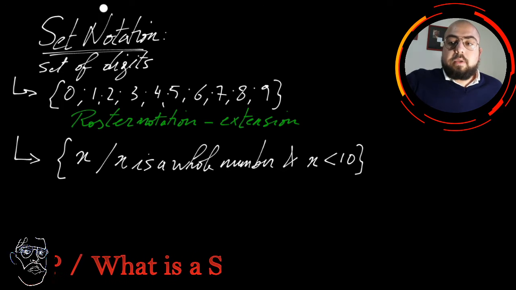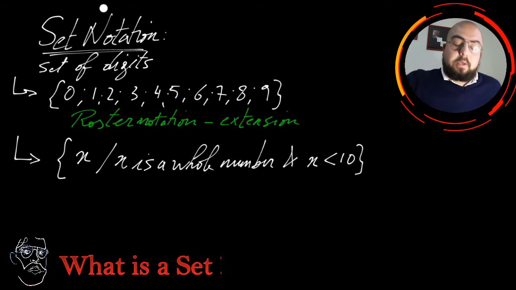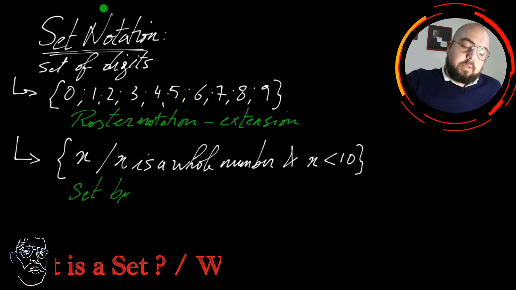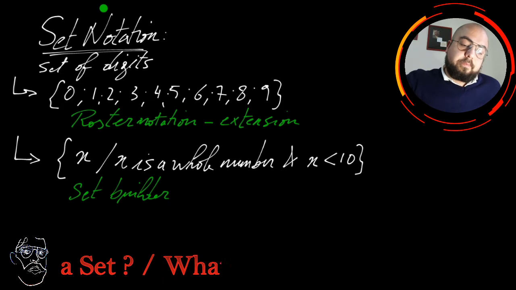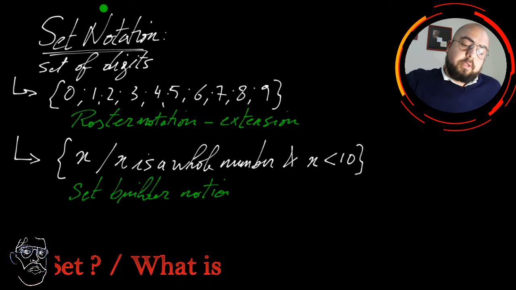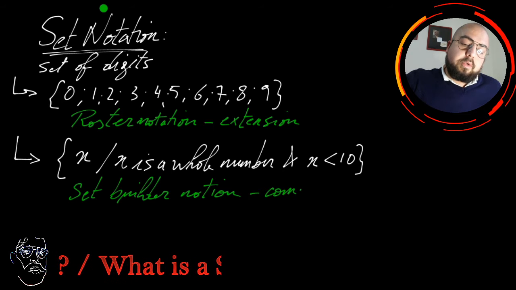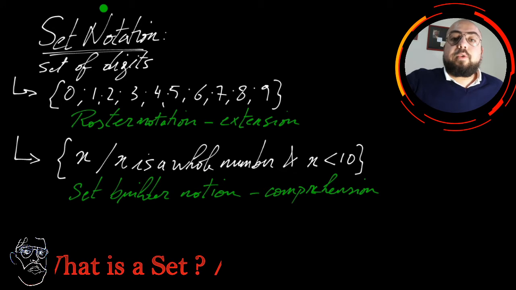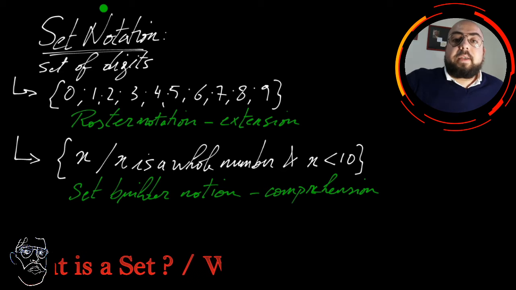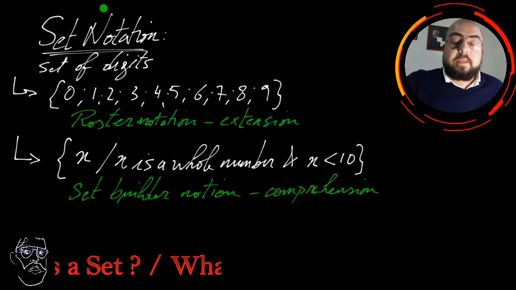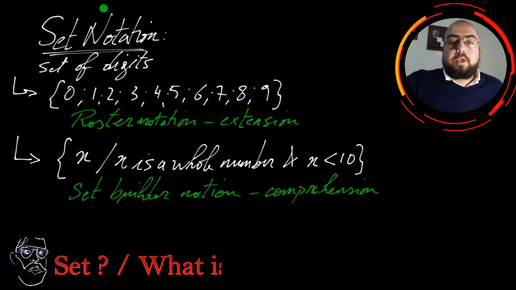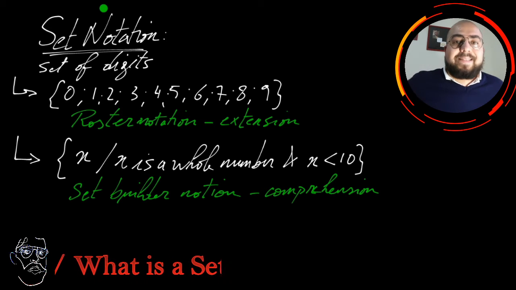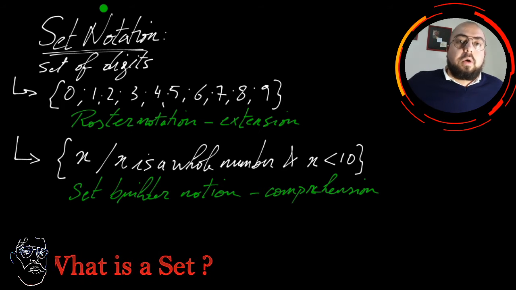Whenever I'm writing it in this way, this is a set builder notation, or a notation by comprehension. So I'm trying to explain about my set, which elements it is formed by, by giving a certain explanation.